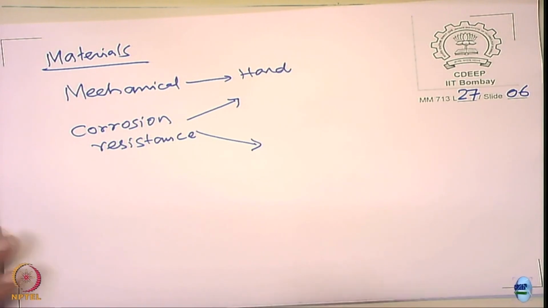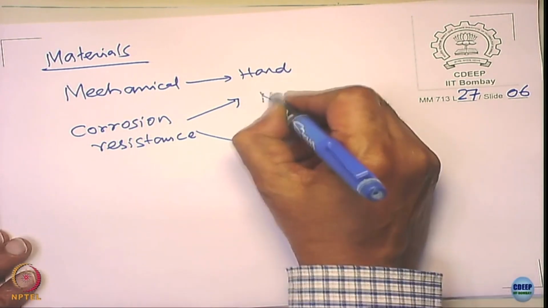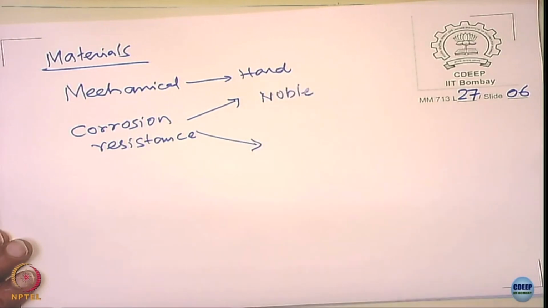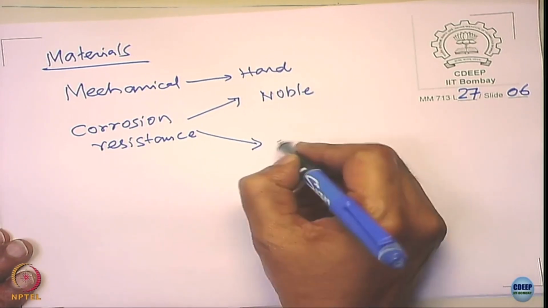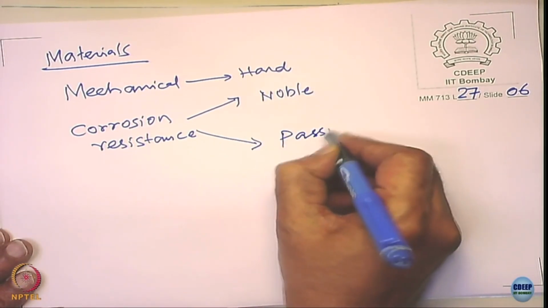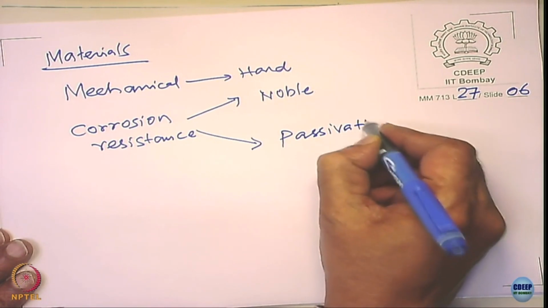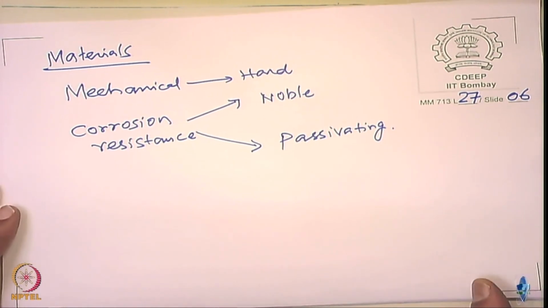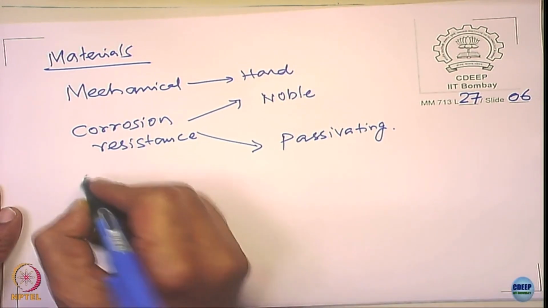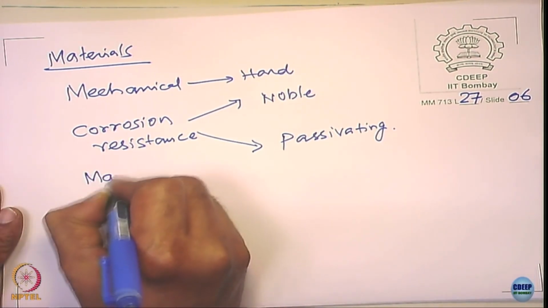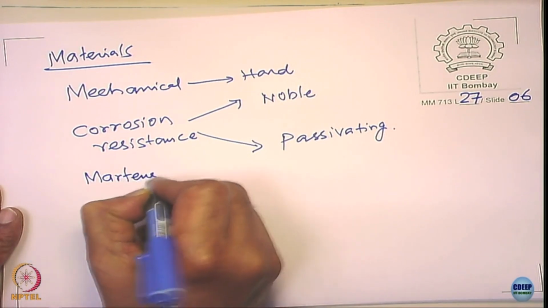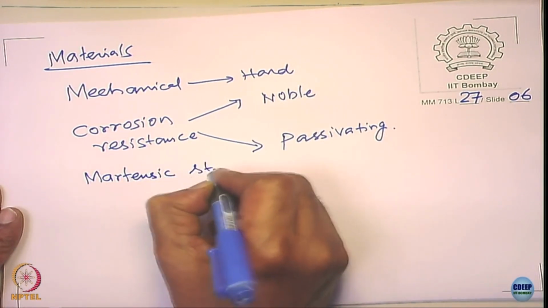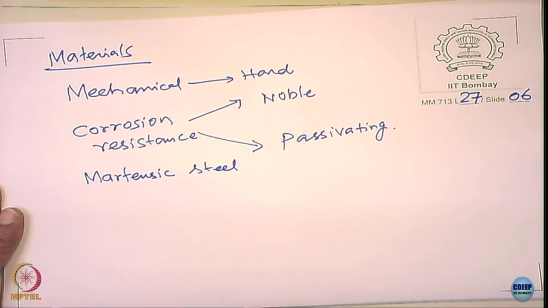Either the material can be a noble material, or it can be a passivating material. These are the criteria, right. Let me give an example. Martensitic steel.